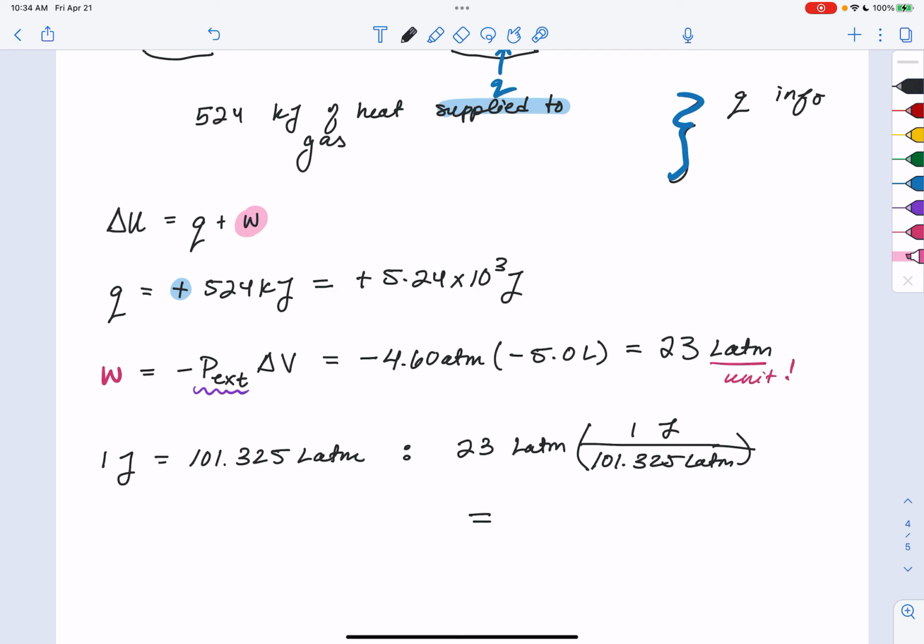So taking that 23 liter atmospheres and dividing by 101.325 gives me, let me just check that conversion real quick. I have this backwards. I knew that was giving me a tiny work. Let's see here. 1 liter atmosphere is 101.325 joules.